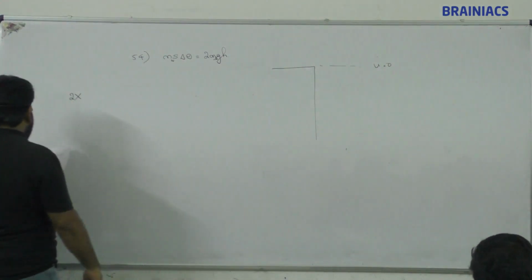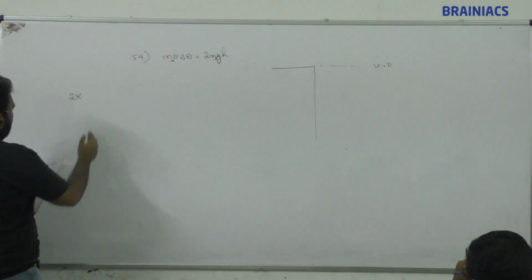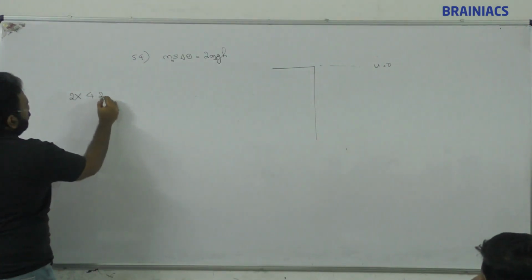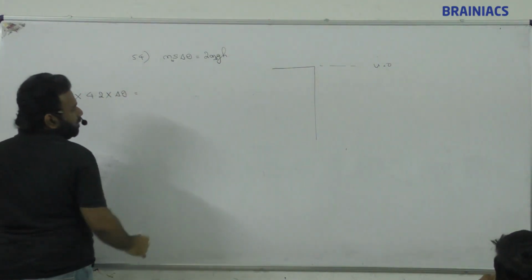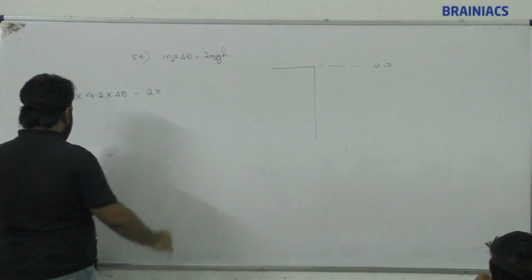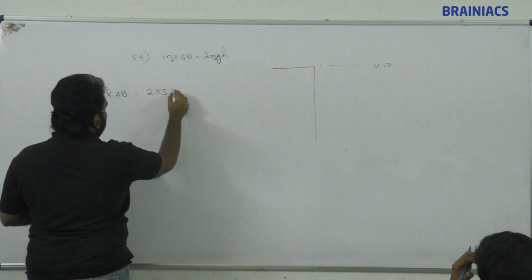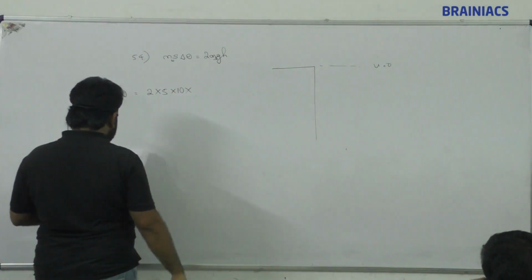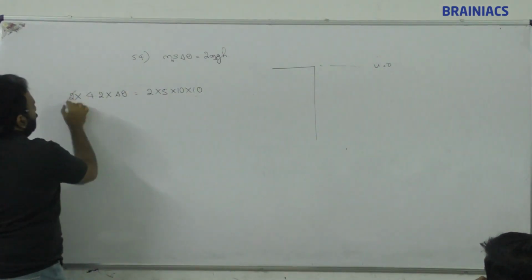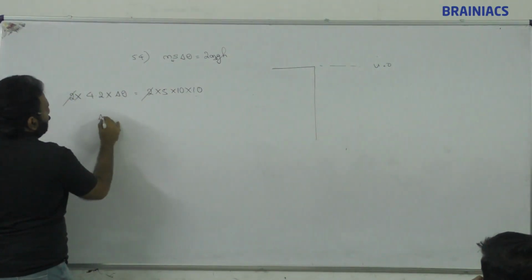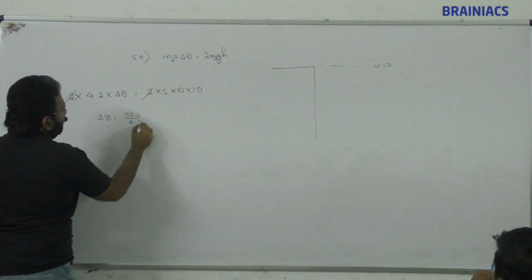Specific heat capacity of water is 4.2, into the change in temperature we need to find. This is equal to 2 into the mass of the stones, 5, into 10, the height of 10 meters. So delta theta, the change in temperature, is 500 divided by 4.2.